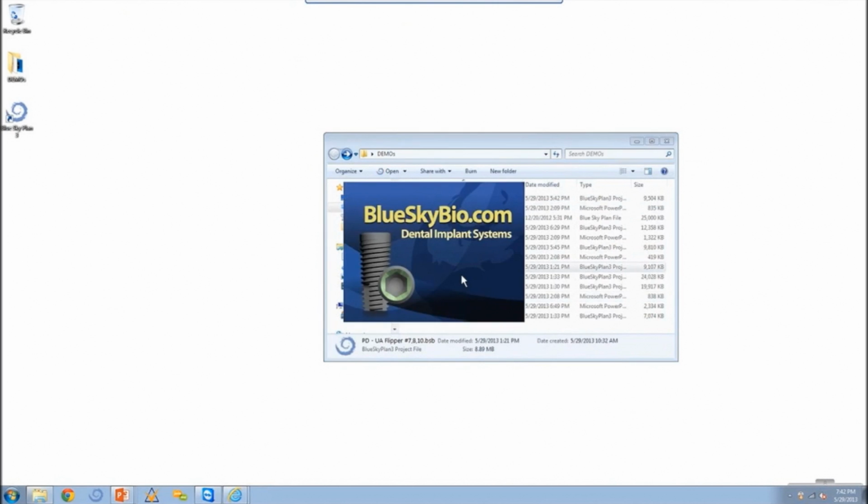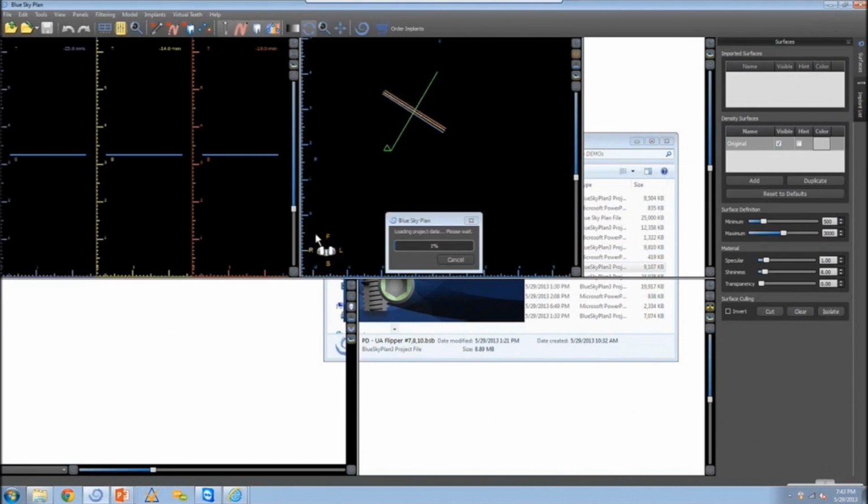The next case involves the use of a flipper for future tooth position. And this is an upper anterior case.